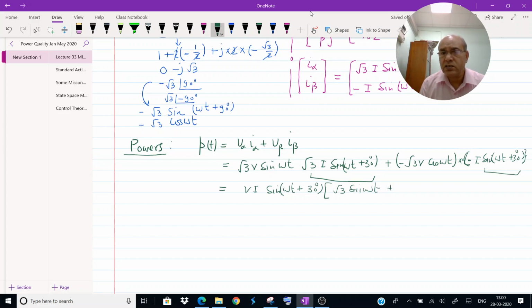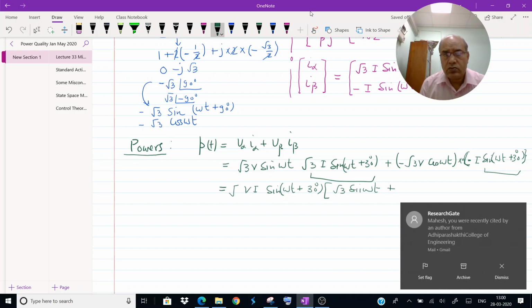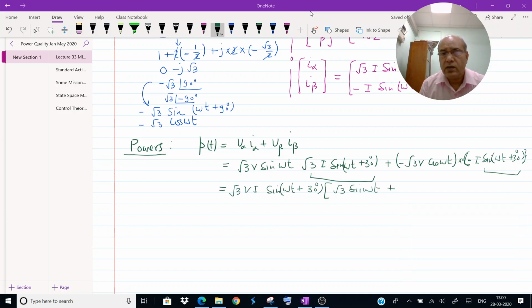Here it is plus, and root 3 I can take common outside because root 3 is common on both sides. Therefore only root 3 is here, and on this side, cos omega t. Close the bracket here.